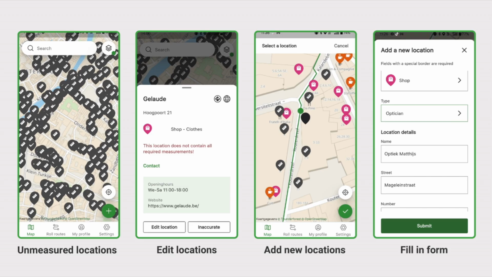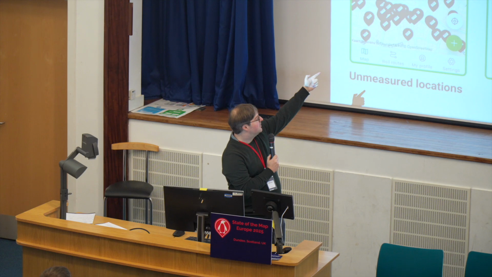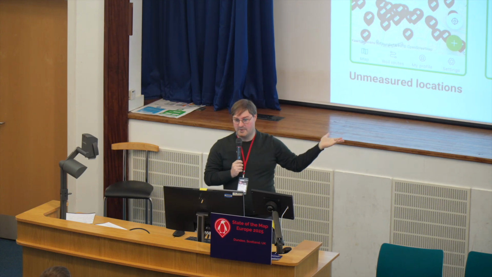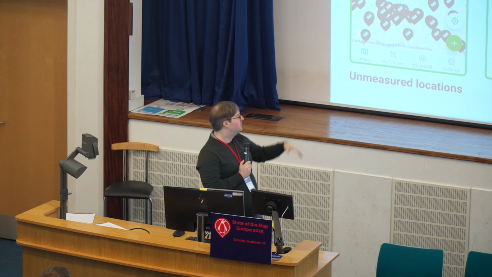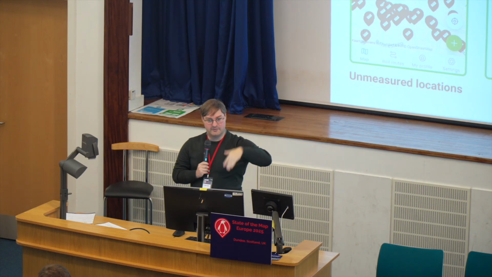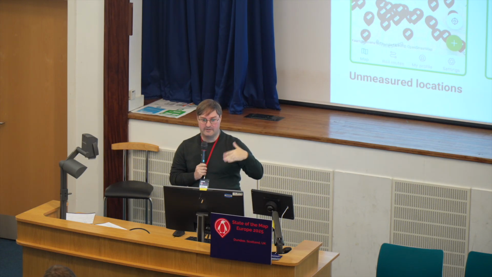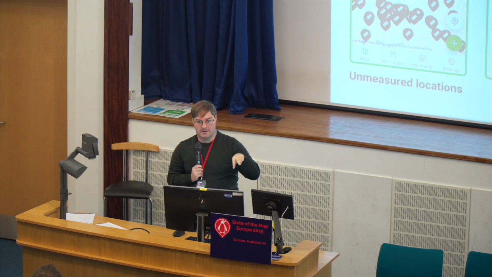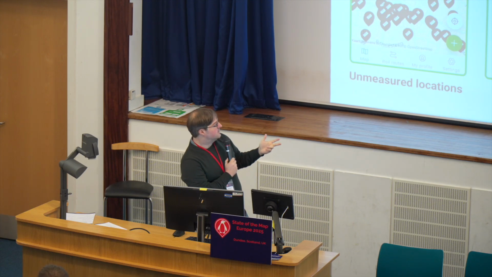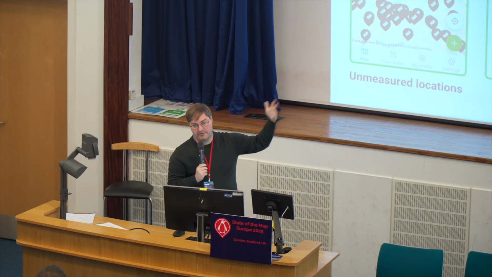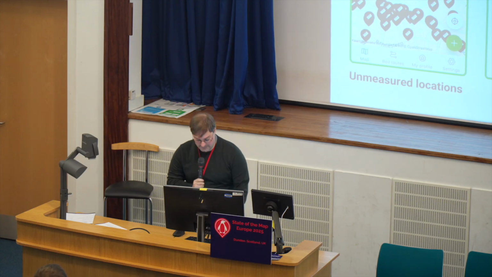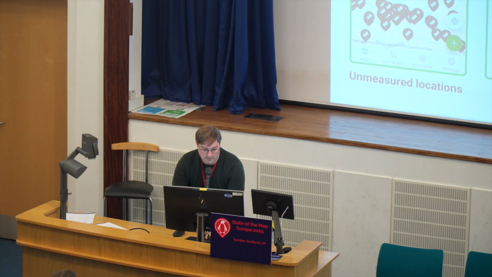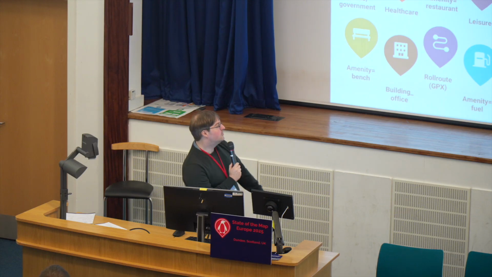So what you can do in the app, you can log in with your OpenStreetMap account, you can click on one of those locations, you see immediately it's a shop, the opening hours, so all the information which is already known. You click on it, edit location, and you can just fill in the list, and you can add the information, and then it will put the gray icon under a restaurant icon. So for you, maybe interesting.